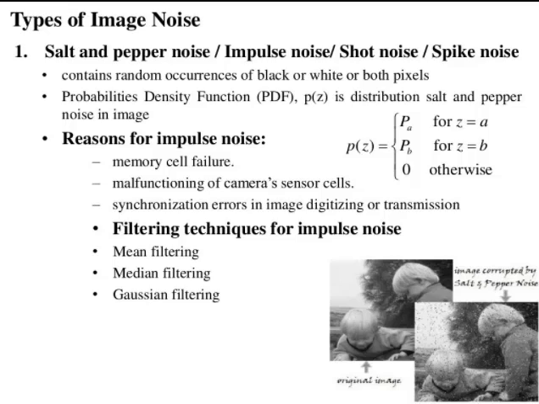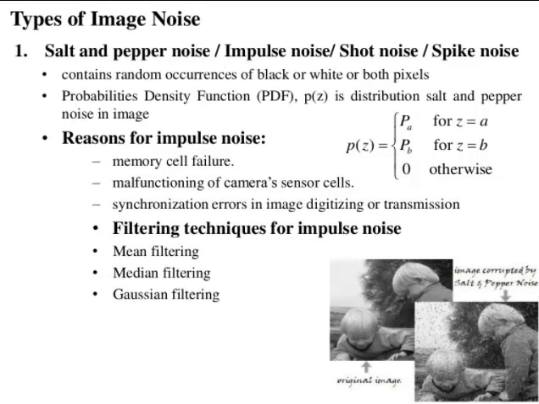Now let's see what salt and pepper noise is. See this image of two boys playing; in salt and pepper noise we have some dot-like forms. Salt and pepper noise contains occurrences of black and white pixels, or both.